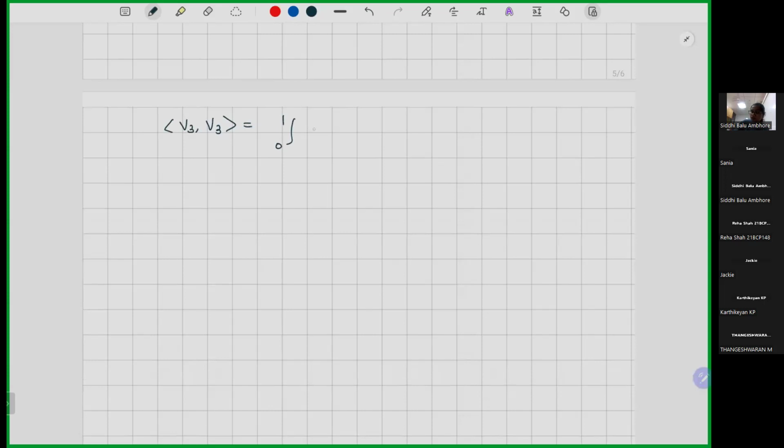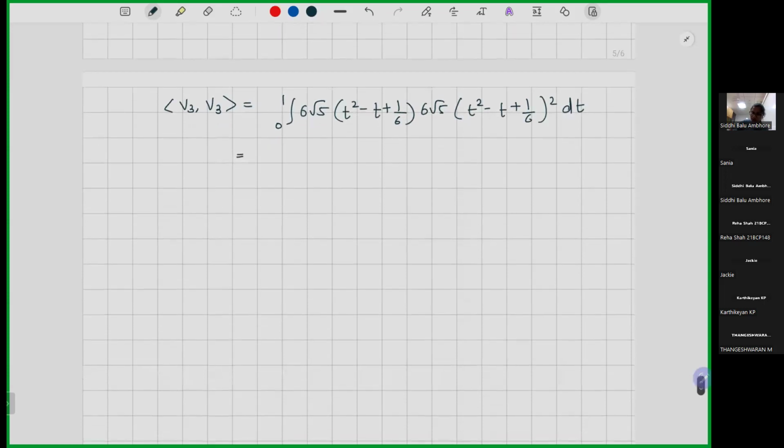Integration 0 to 1, 6 root 5 x square minus x plus 1 by 6, 6 root 5 x square minus x plus 1 by 6 whole square. It's not x, it is t. So it is 36 into 5 integration 0 to 1 t square minus t plus 1 by 6 whole square dt, which is 180 into integration 0 to 1.